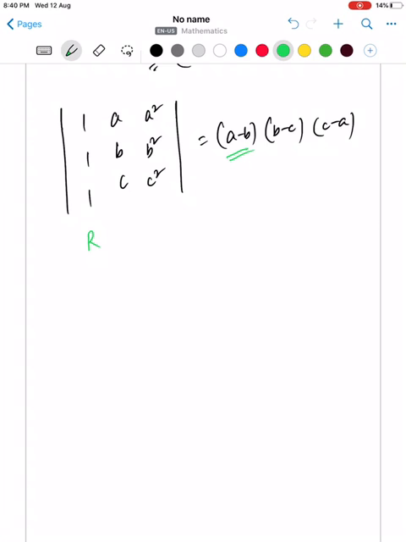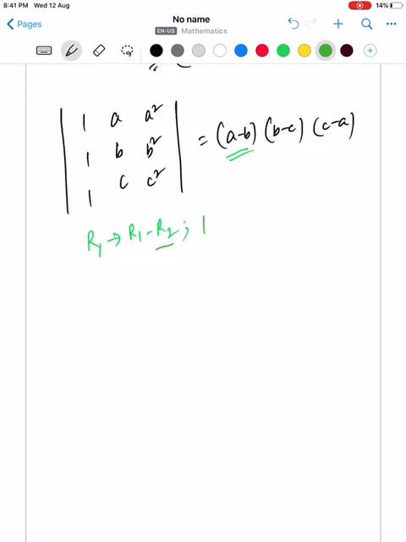Now you see we have to get A minus B, right? Understood? Clear? Now if I want A minus B, I will do R1 minus R2. Yes or no? R1 minus R2. Now the next one, R2 minus R3.